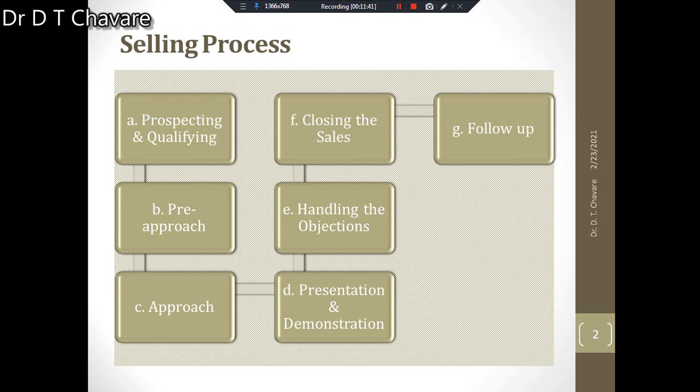And an effective presentation depends upon the following aspects. Your presentation should be effective and it should be converted into action.